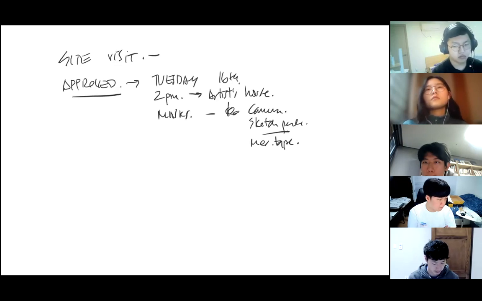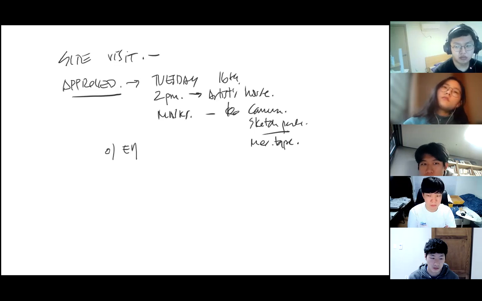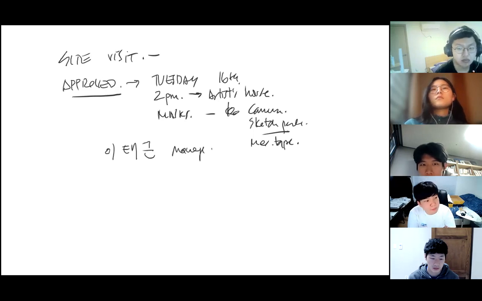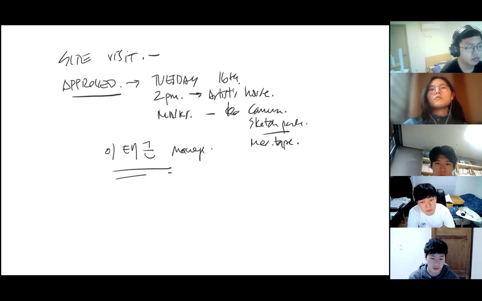So as we go to the building, we have to meet Mr. Lee Tae-gun. And this is the manager. So it is the guy who will take us around, right?